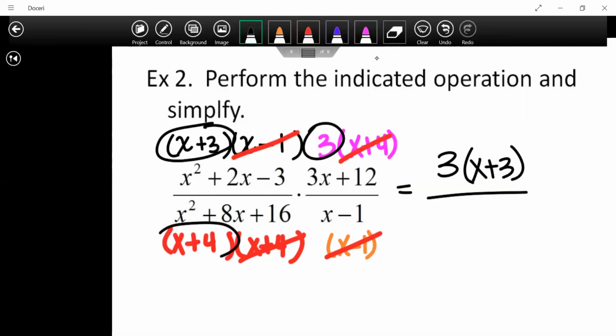And then on the bottom, we're just going to have the x plus 4. Okay? So we can just reduce in that sense. Here we go.